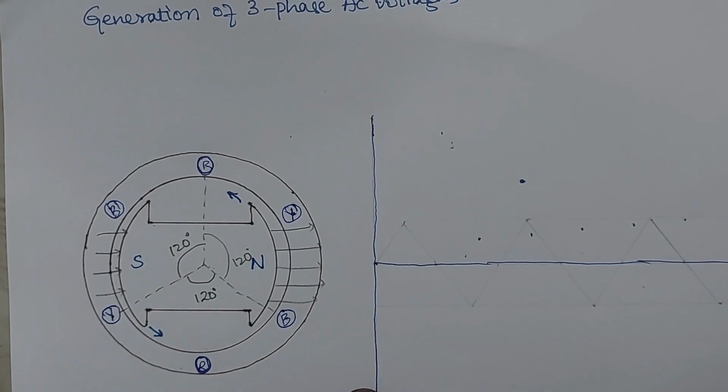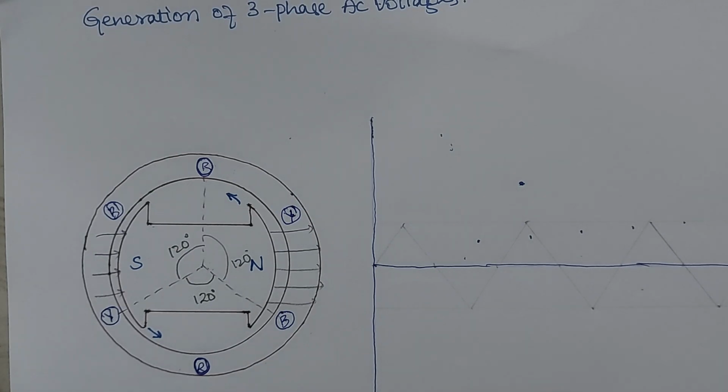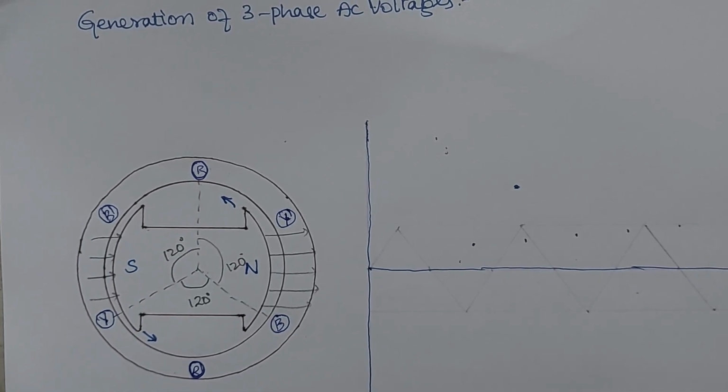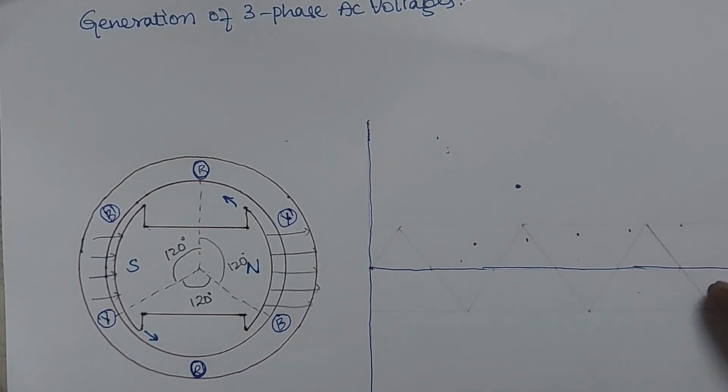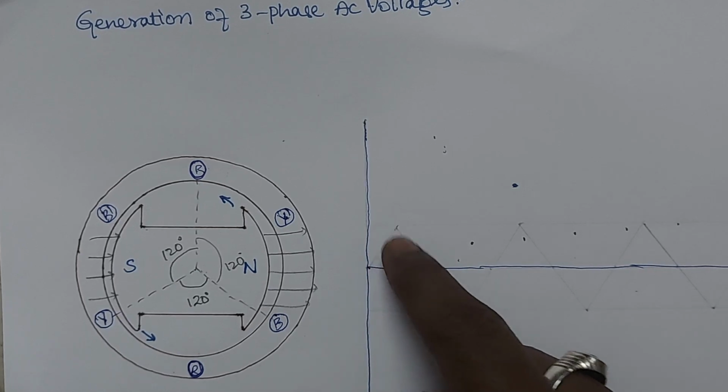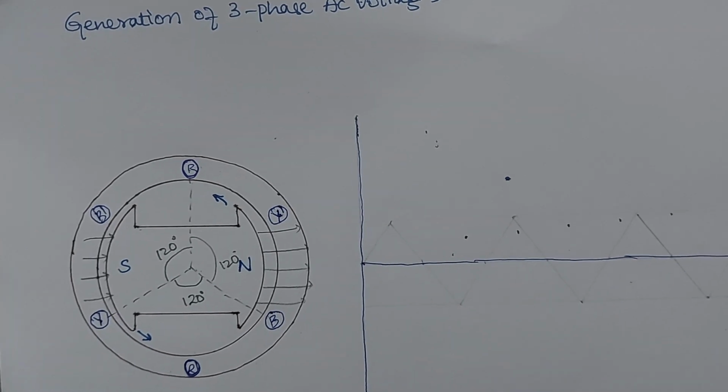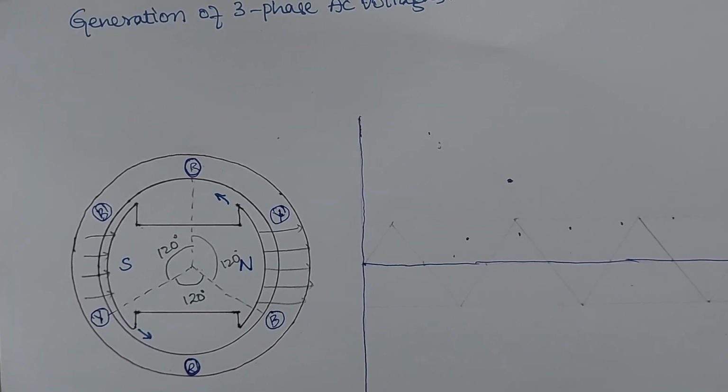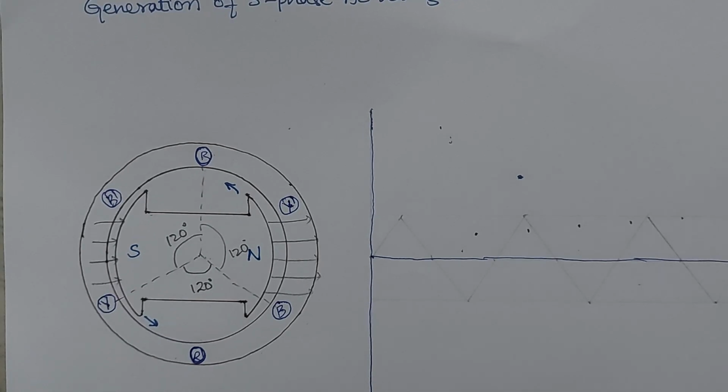Before drawing the AC waveform, it is very easy to make this as three waveforms by drawing these triangular symbols, each subtended by an angle of 120 degrees. So first of all, I am tracing out the R phase voltage.